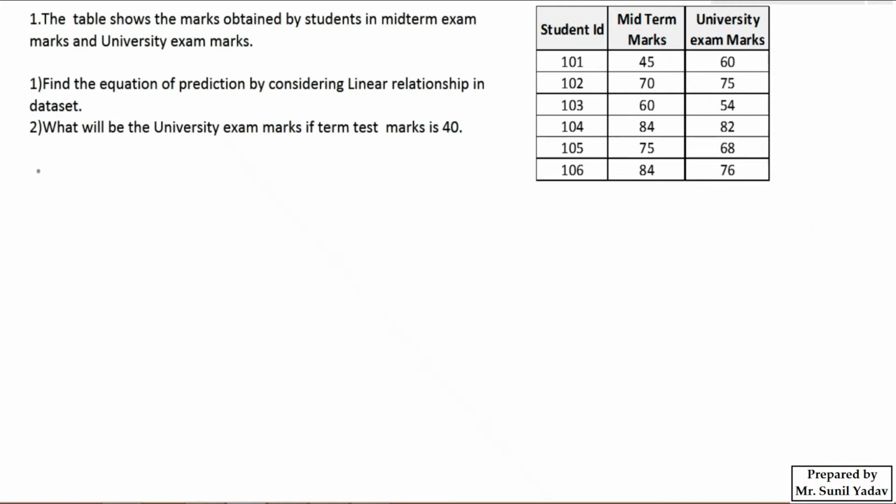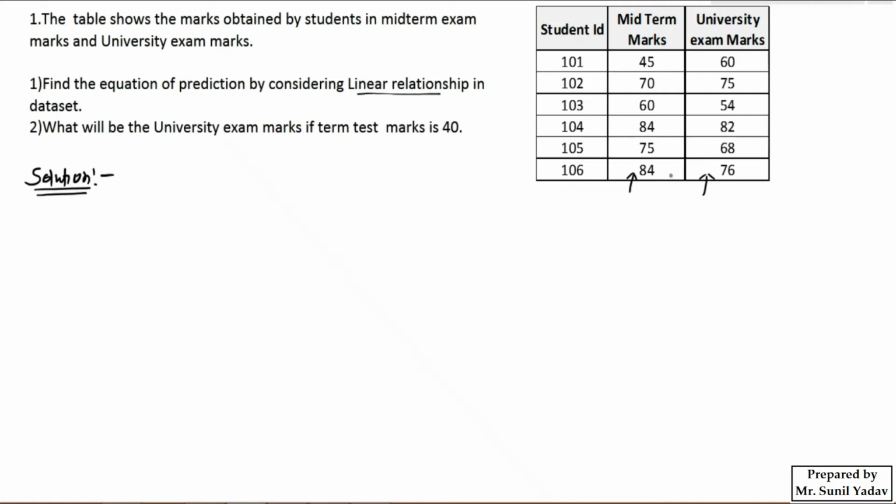Now we will come to the solution part. In the problem it is already given that we have to consider a linear relationship. By analyzing the data set, we have two variables: the midterm marks and the university exam marks.